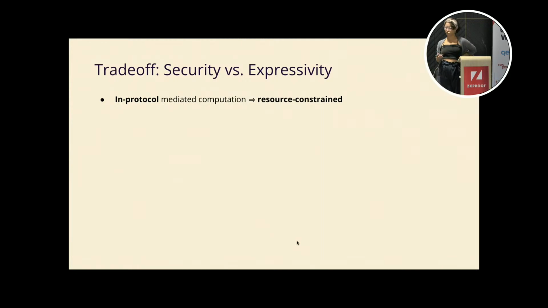It's not a surprising one: it's security versus expressivity. For protocols like Penumbra and Renegade Phi that bring the mediated computation in protocol, they make it the responsibility of all consensus nodes. The computation done by all consensus nodes operates in a resource-constrained environment, and that's why we want to keep it as simple as possible.